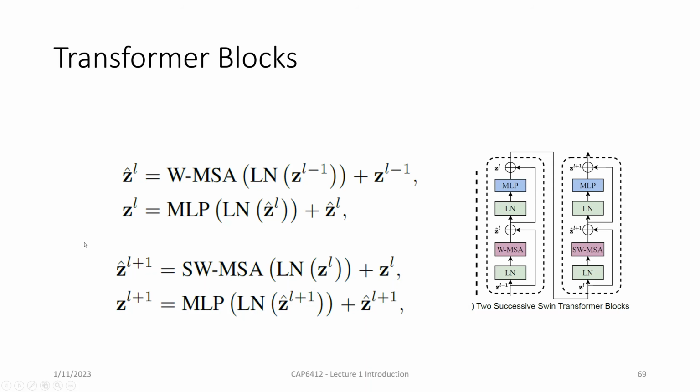So we'll take the Z l and linear embedding, which is shown here, shifted window multi-head self-attention, skip connection here, and then take this one, then linear and MLP, and then skip connection, Z l plus 1. So that's the way. So we have these 2 successive Swin transformer blocks.